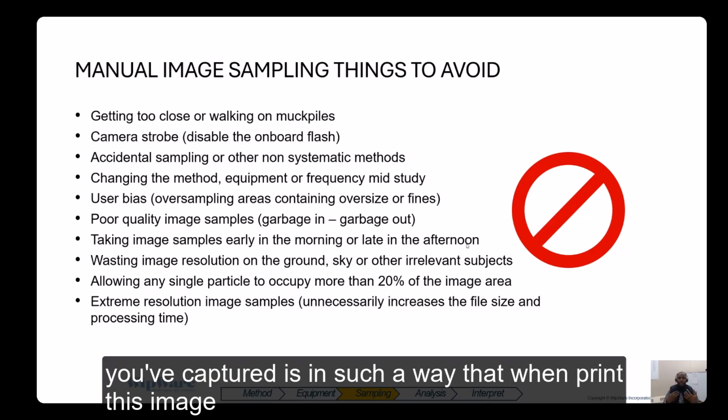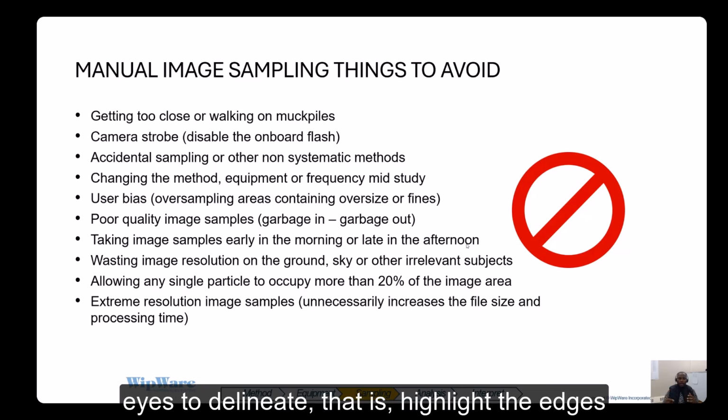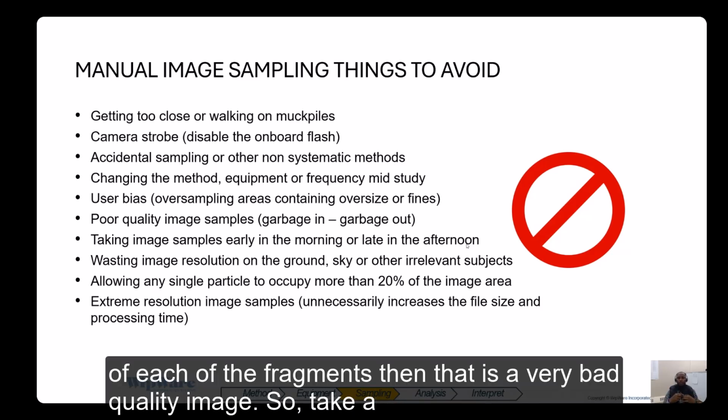So if the image you have captured is such that, when you print it out, you can easily use human eyes to delineate, that is, highlight the edges of each of the fragments, then that is a very bad quality image.